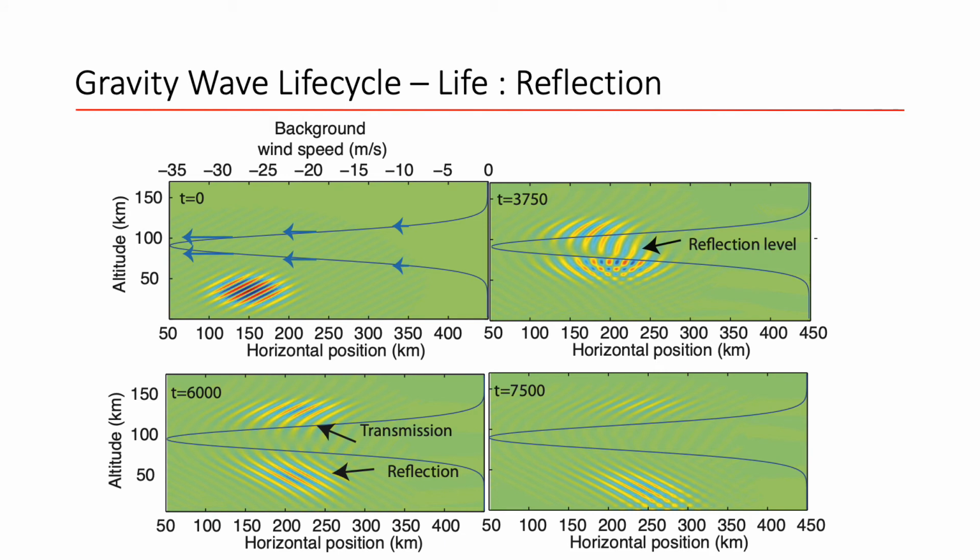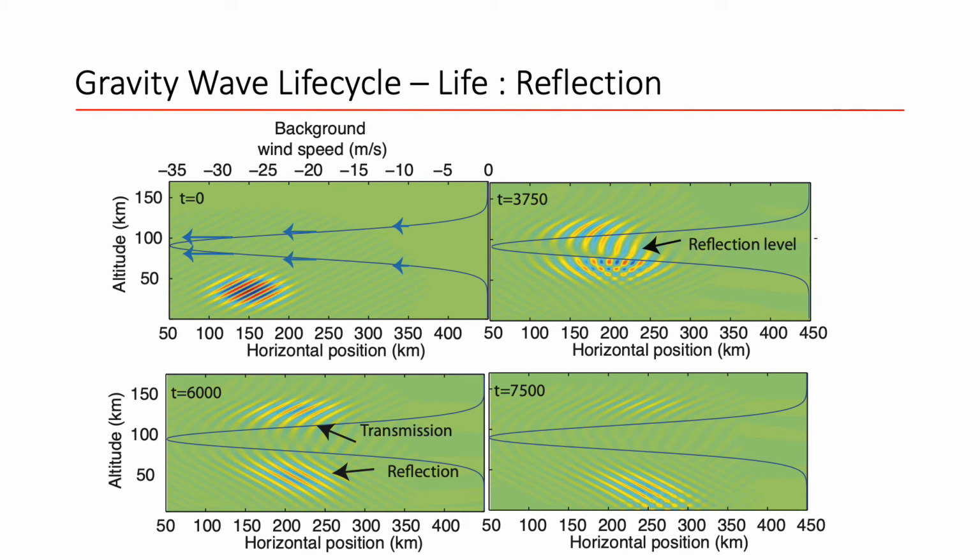This is a figure from a simulation I ran of a packet reflecting, and it's evolving from top left to bottom right here. The packet is propagating up to the right, and the arrows and the Gaussian shape represent the mean wind. You can see that when the wave packet hits the reflection level, you actually get, in reality, a reflection and transmission of the wave. This occurs because the wave packet is actually a spectrum.